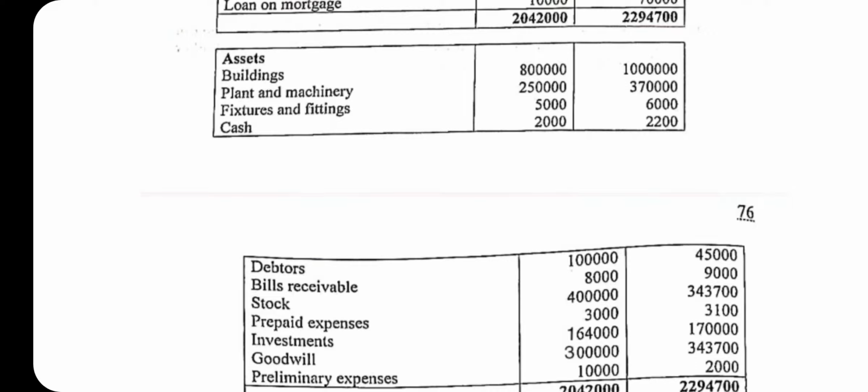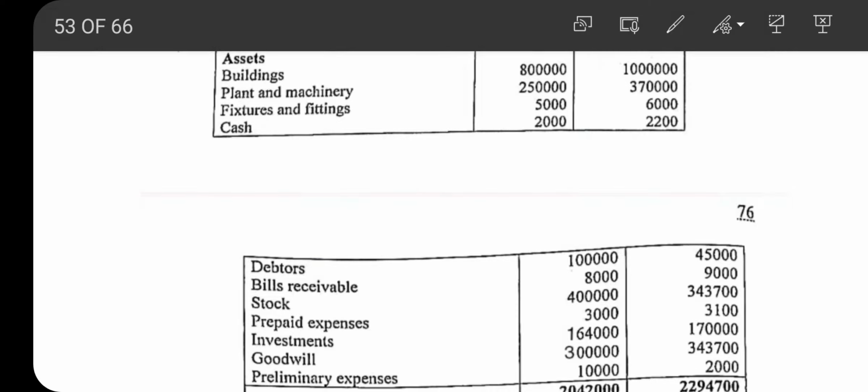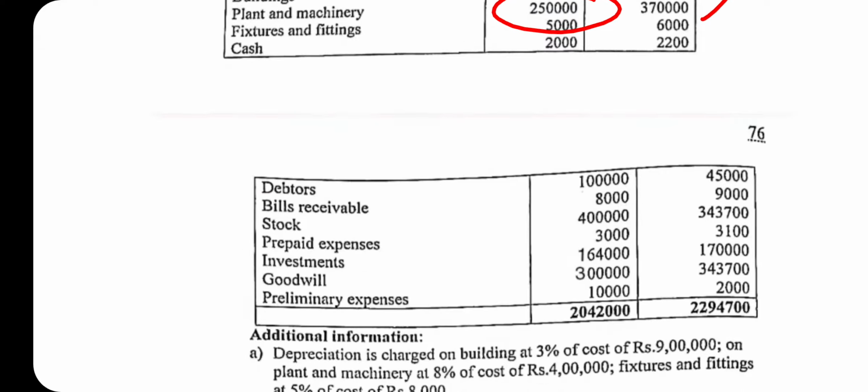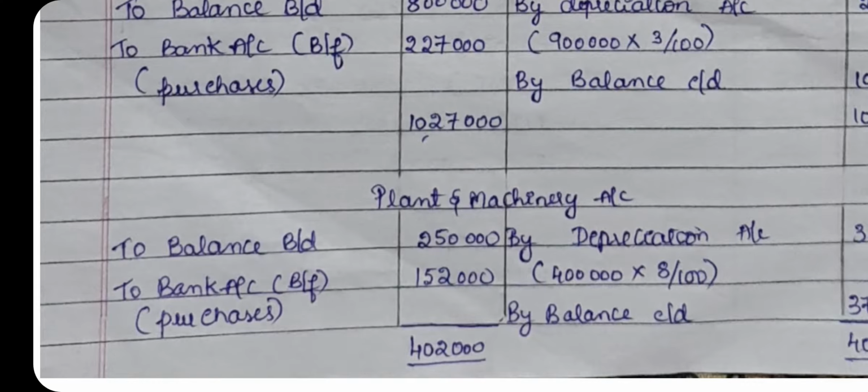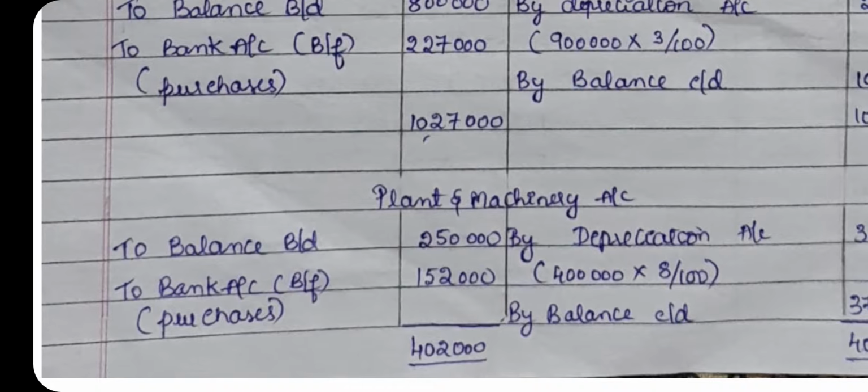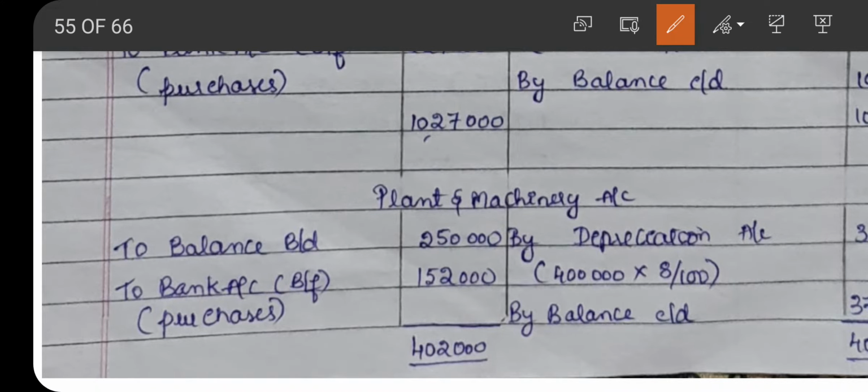Now the next item is plant and machinery. Opening balance is 2,50,000, closing balance is 3,70,000. Again you are having an adjustment relating to plant, that is depreciation. On plant and machinery, depreciation is 8% of the cost of rupees 4 lakh. So go through the plant and machinery account. We are having only three pieces of information, that is opening balance, depreciation and closing balance.